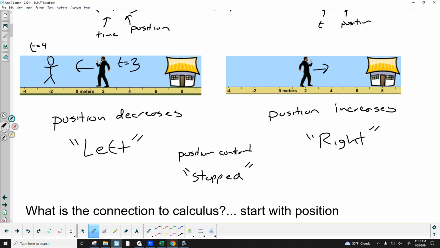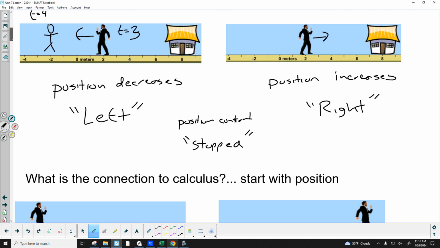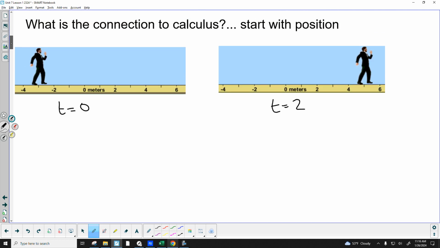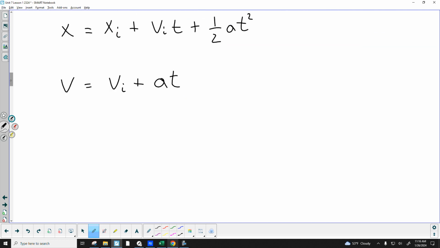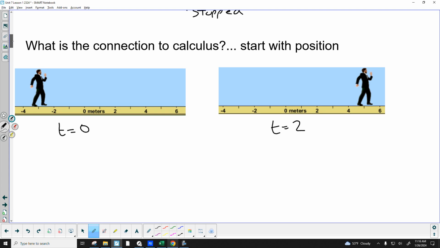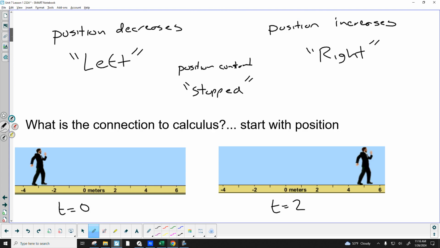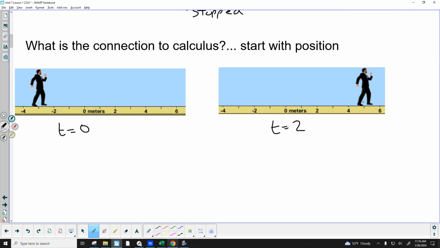Let's put some numbers to it. Let's say at time 0, my dude starts here. Let's say at time 2, my dude gets here. Please list off those 2 points in both coordinate form and then x of blank equals blank form.